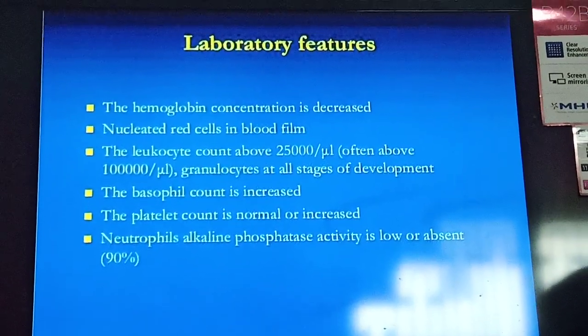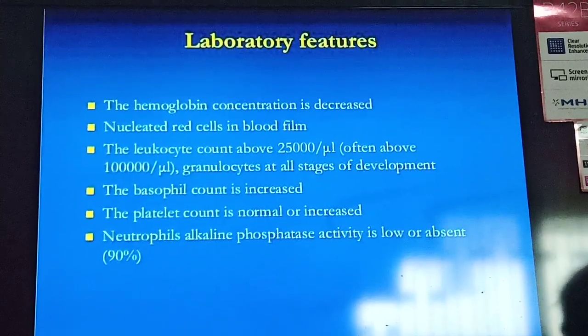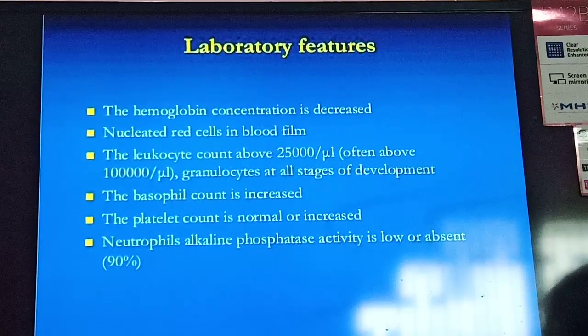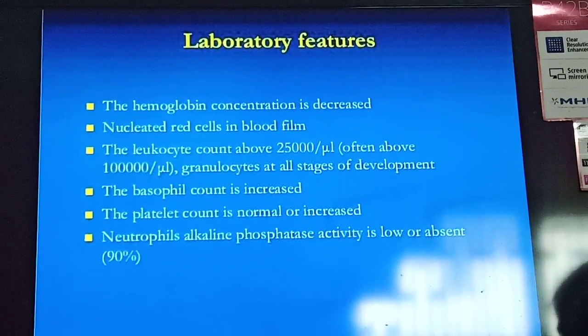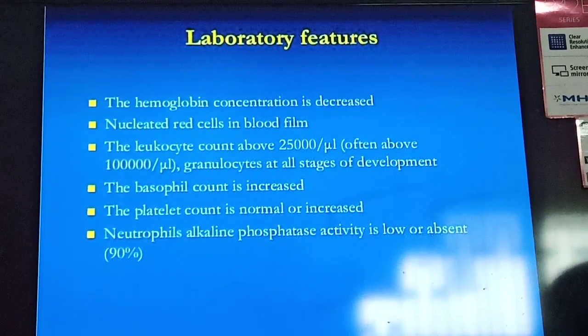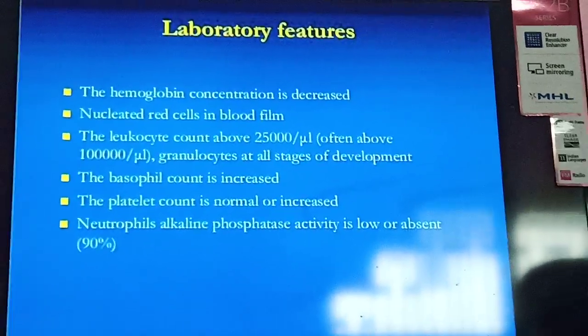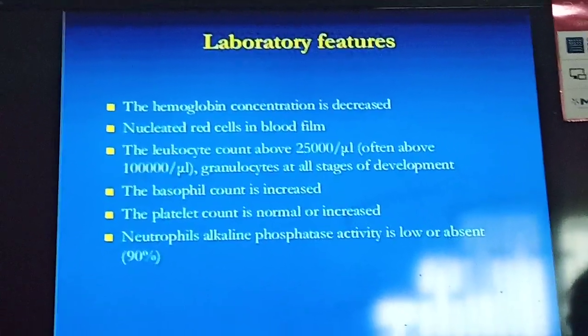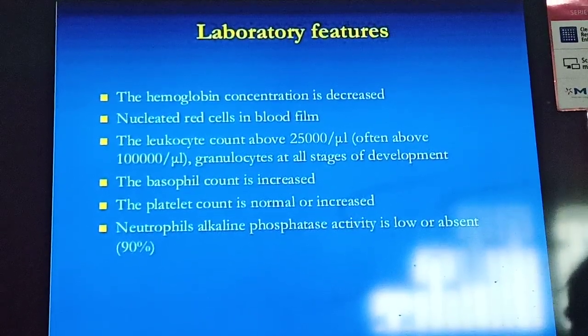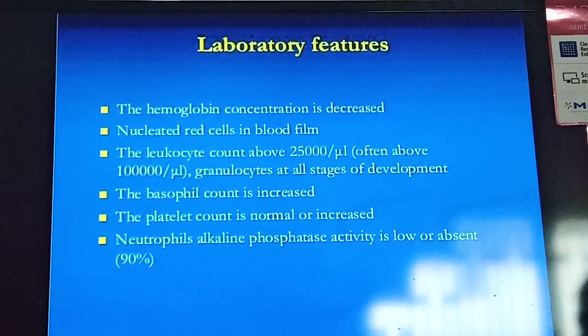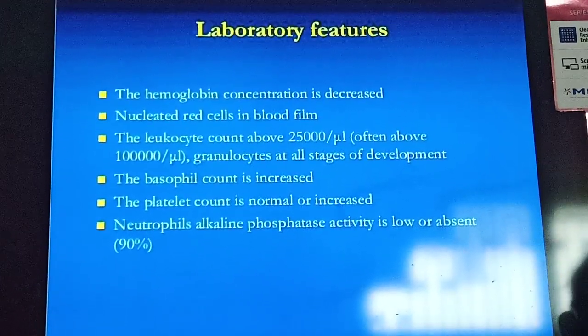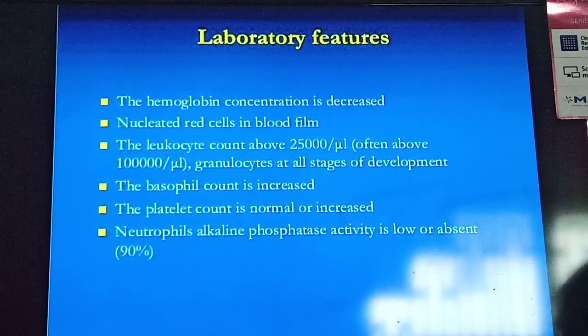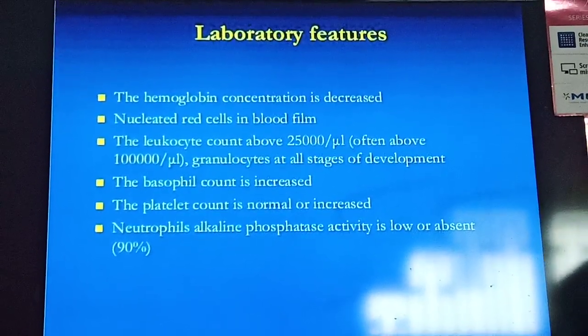The basophil count is increased, the platelet count is normal or increased, or maybe decreased, like thrombocytopenia, usually seen in the blastic phase or blast crisis of the CML. The neutrophil alkaline phosphatase, the NAP score, is usually low or absent in 90% of the cases in the CML.